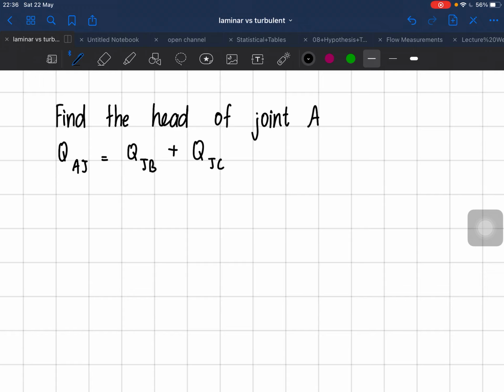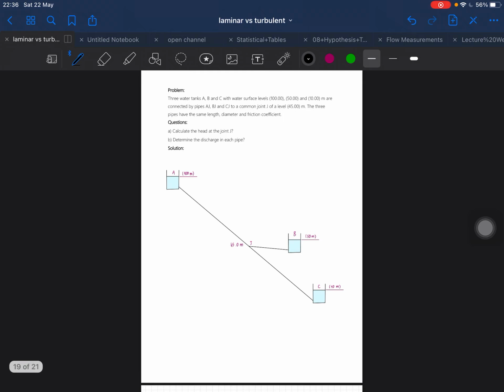I would say that it's because AJ is higher than JB and JC. Is that the point? Yes.